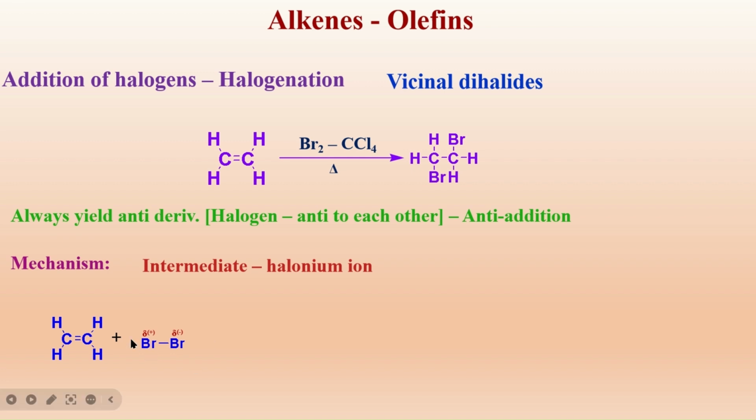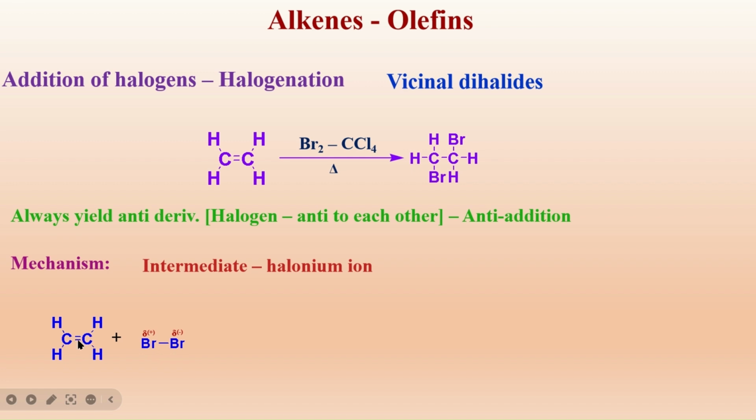As it has a positive center, this positive center of the bromine acts as an electrophile, as it is electron deficient. In the presence of an electrophile, there is a disturbance in the alkene molecule, that is ethene, and it induces the electromeric effect.